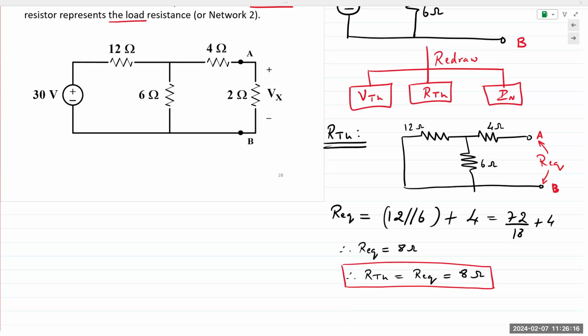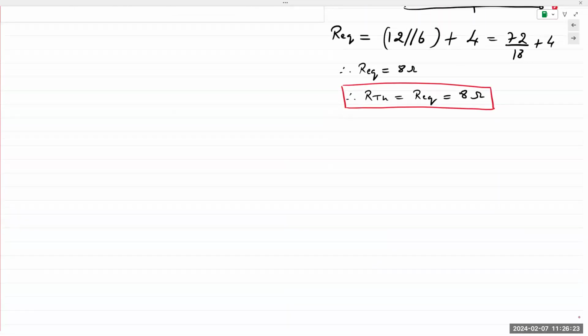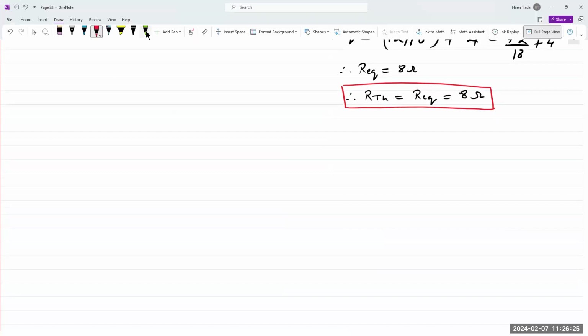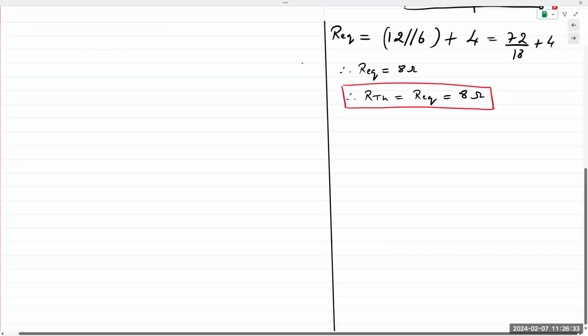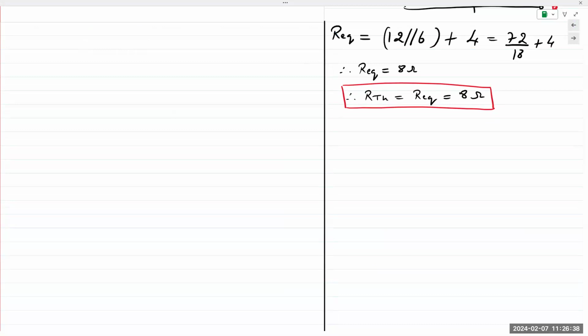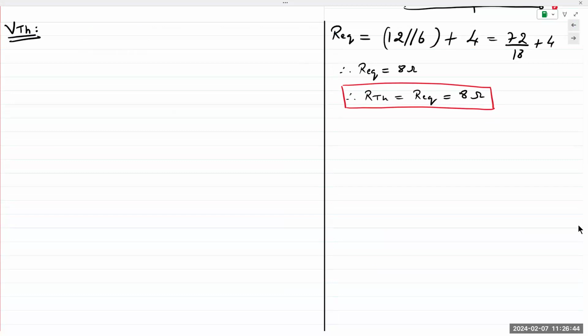Okay, let's move to Thevenin voltage, VTH.